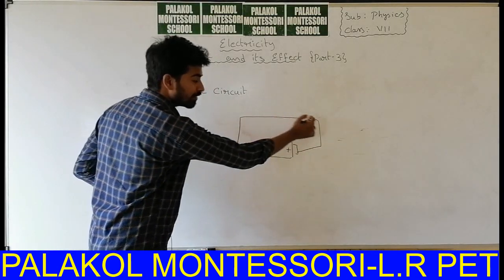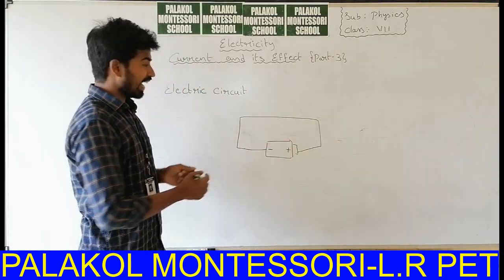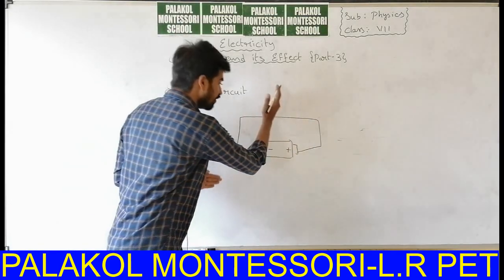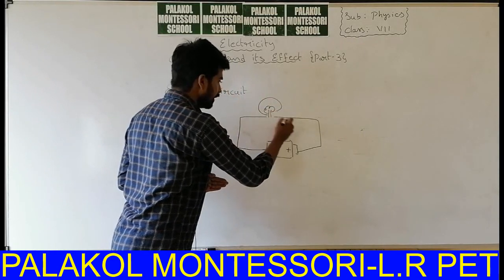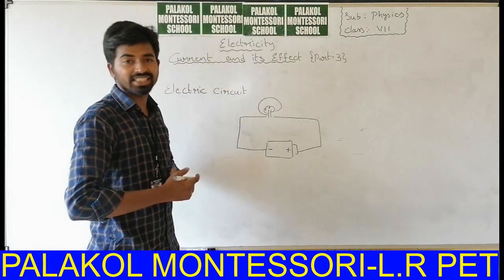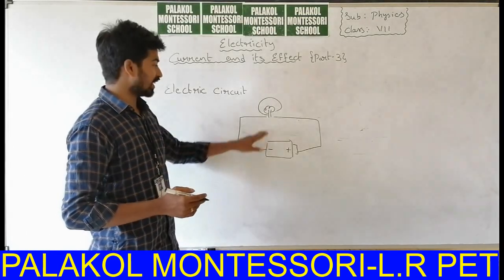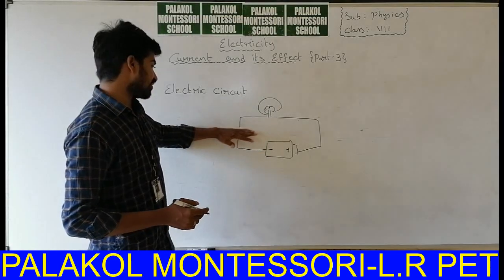In this path we will connect a bulb, or some electric components. It can be a bulb or a fan or anything, electric components. We can also connect a switch here.